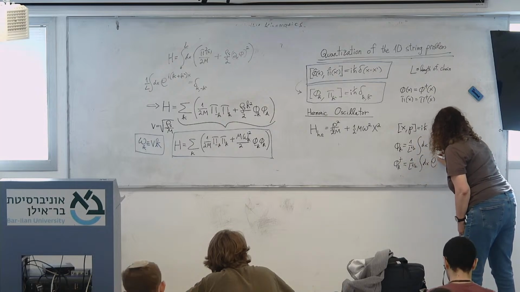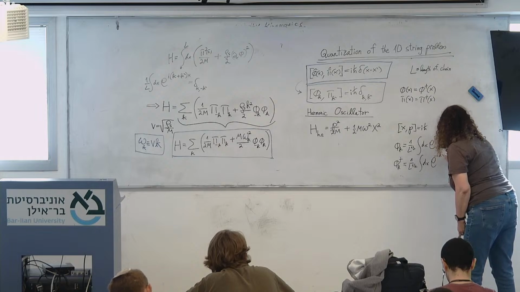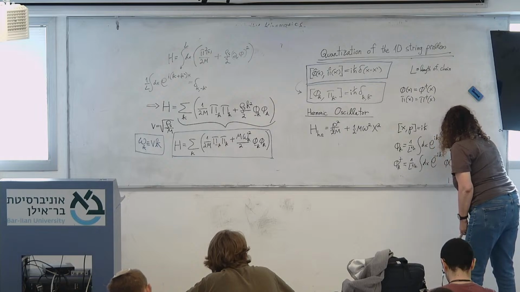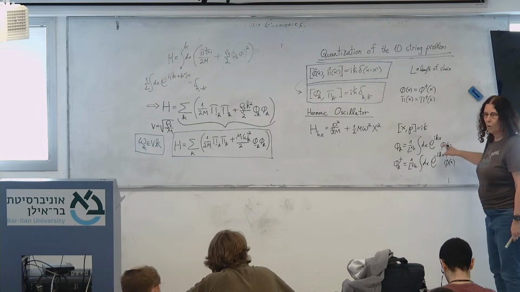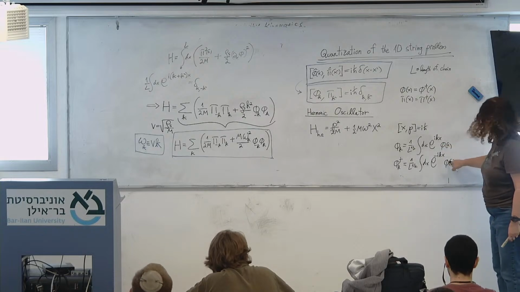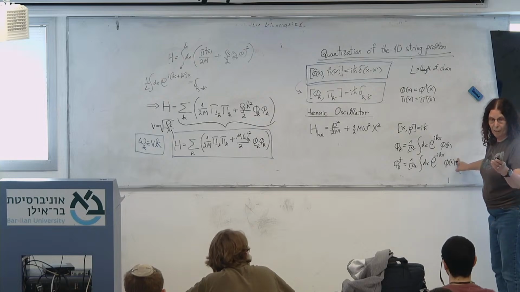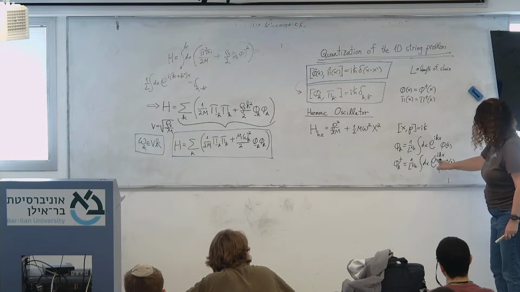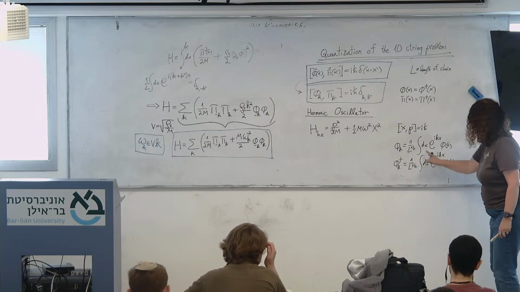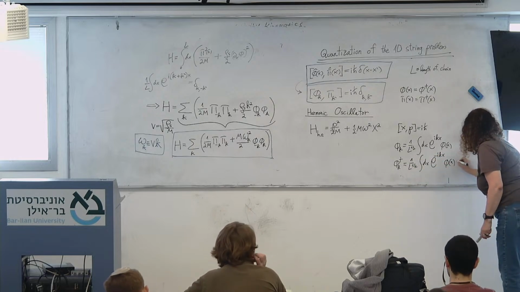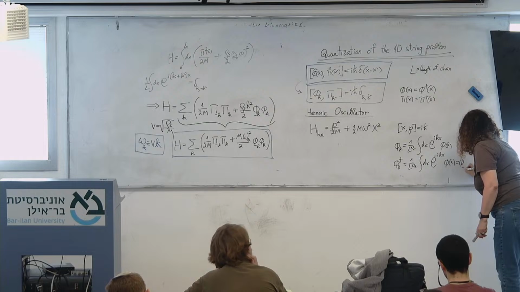It's e to the minus i kx, but phi dagger of x is phi of x. So what is this? Exactly. This is exactly the definition. The right-hand side is nothing but phi of minus k.